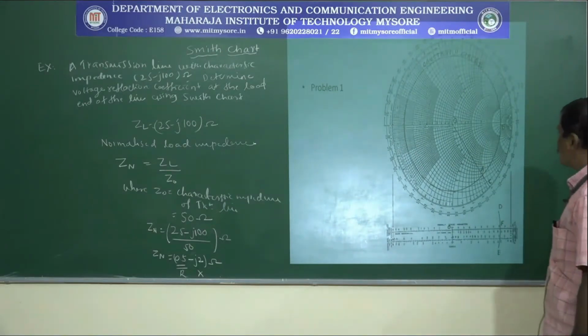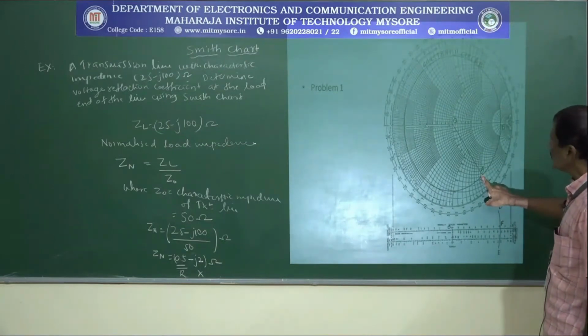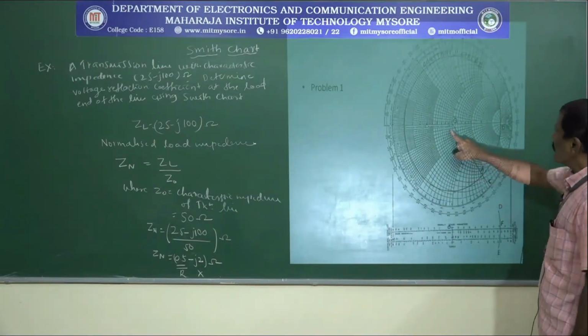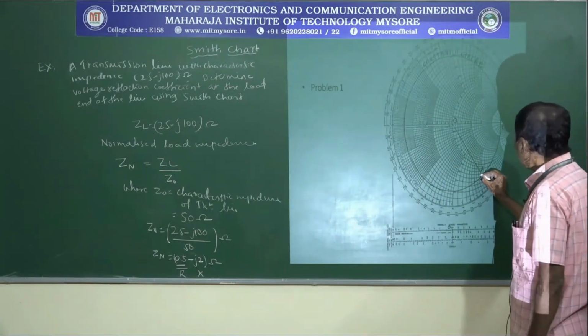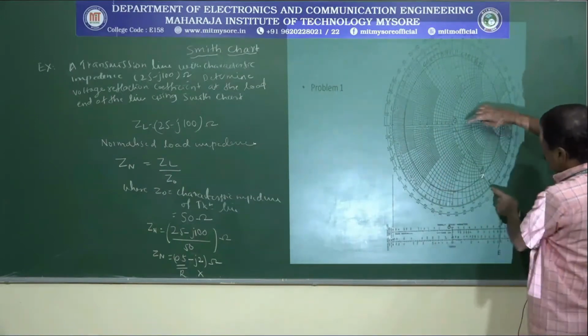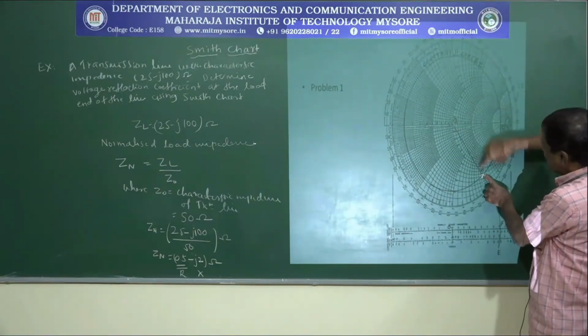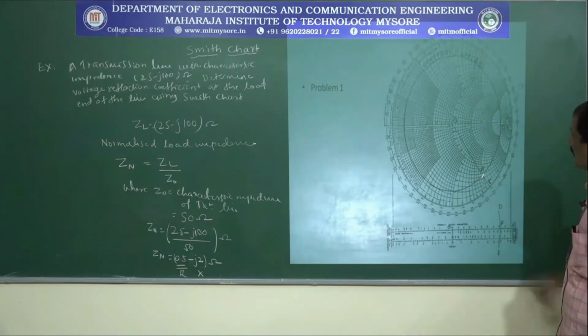If you observe closely, this is the point where those values meet, so there we will mark it. Once you get this, take a compass with the radius OA and draw a circle.